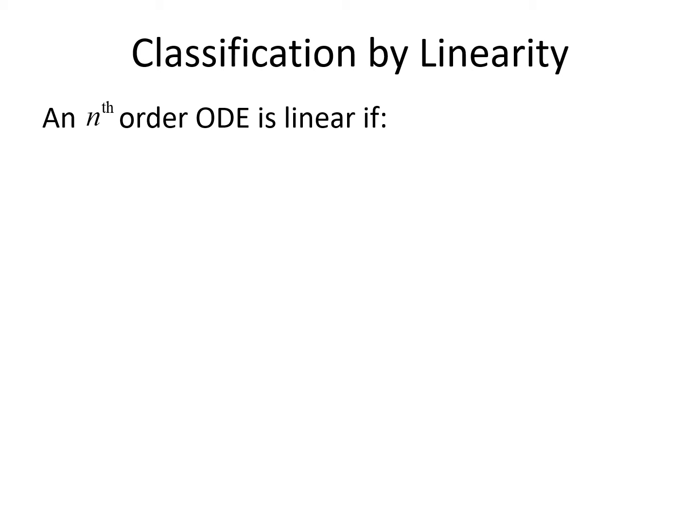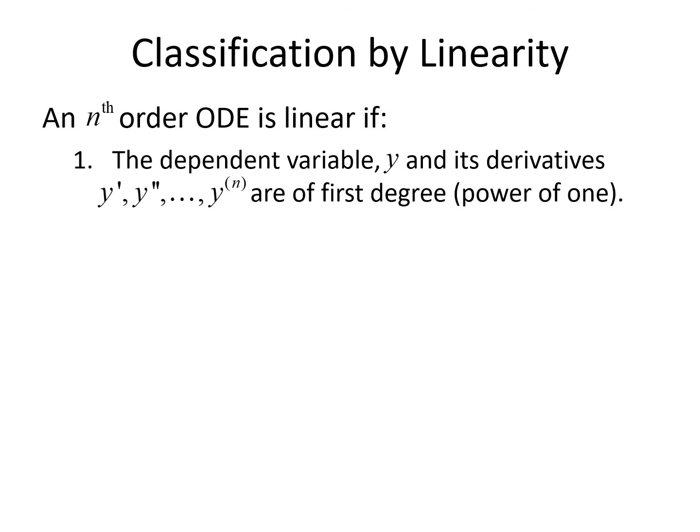Another way that we can classify differential equations is by linearity. Our requirement here says an nth order ODE will be linear if the dependent variable y and its derivatives, y prime, y double prime, all the way up to the nth derivative of y, are all of the first degree, or have a power of 1.